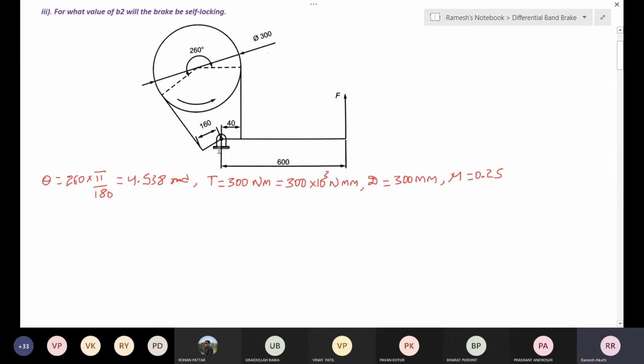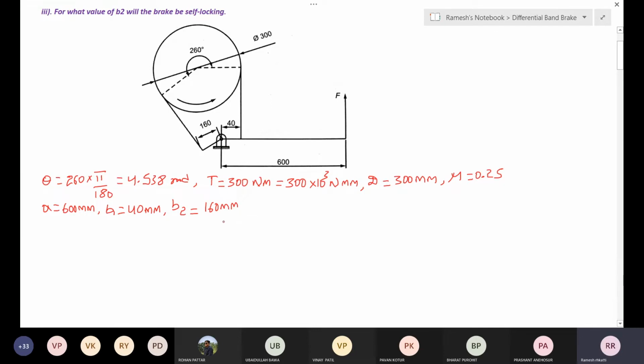Here you can see that this is B1 and this is B2 and this is A. Write down the other data. A is given, it is 600 mm. B1 is 40 mm, and B2 is given as 160 mm.